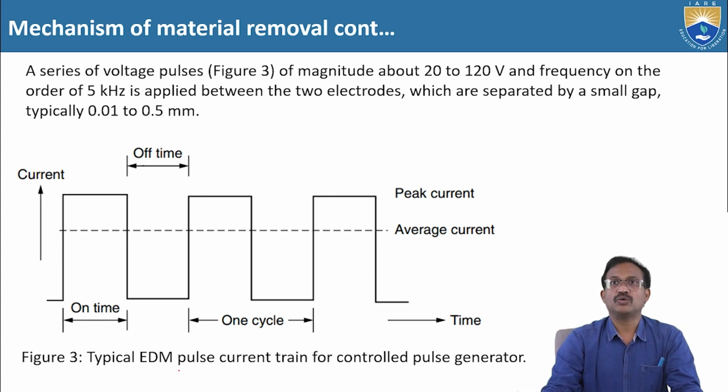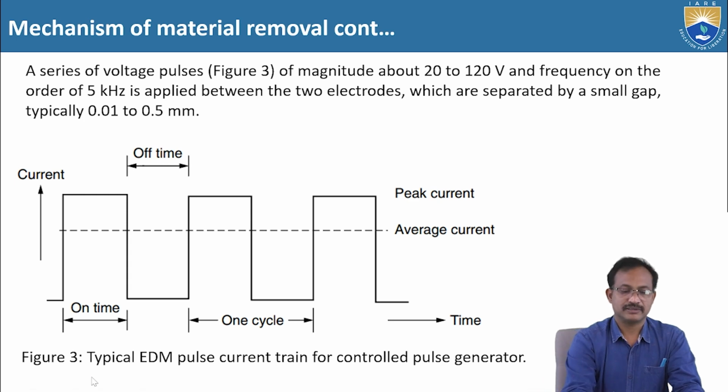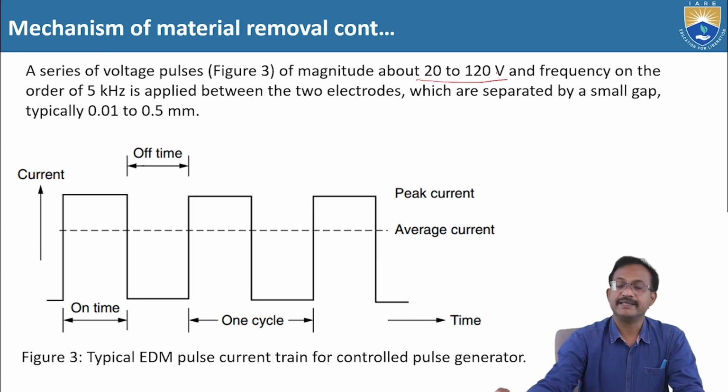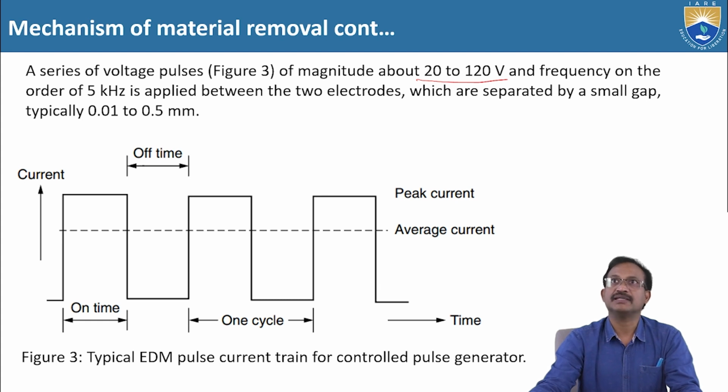pulse current for controlled pulse generator. Okay. Right. A series of voltage pulses from this figure of magnitude about 20 to 120 volts and frequency on the order of 5 kHz is applied between the two electrodes, that is tool and the workpiece, which are separated by a small gap, typically 0.01 to 0.5 mm.